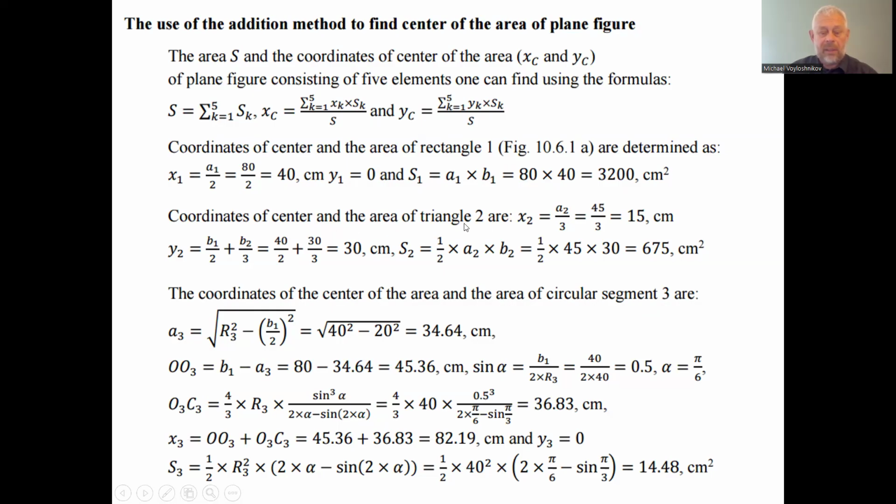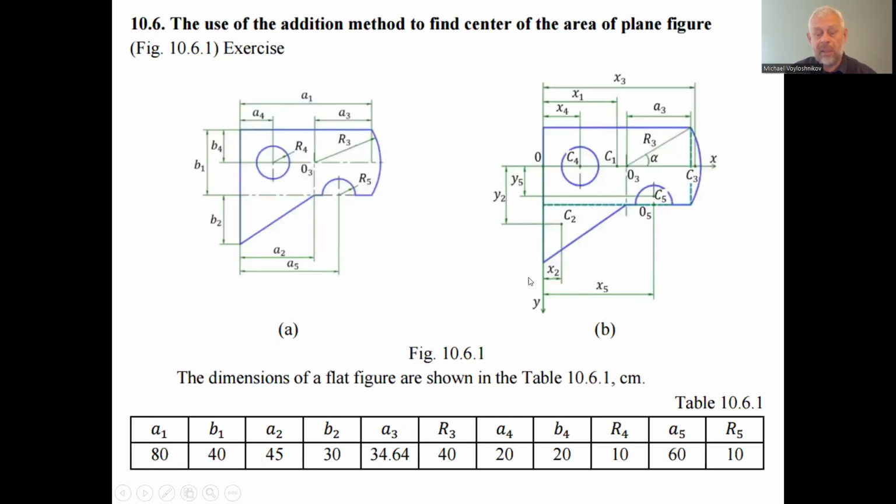The coordinates of the center and the area of triangle 2 are determined similarly, not very difficult. For the triangle, the abscissa is located one third from one leg to the right, and the ordinate one third from the other leg downward, because the direction of the y-axis is downward.